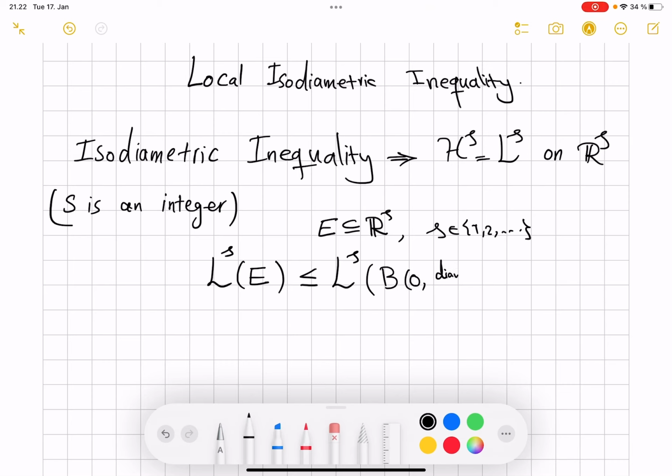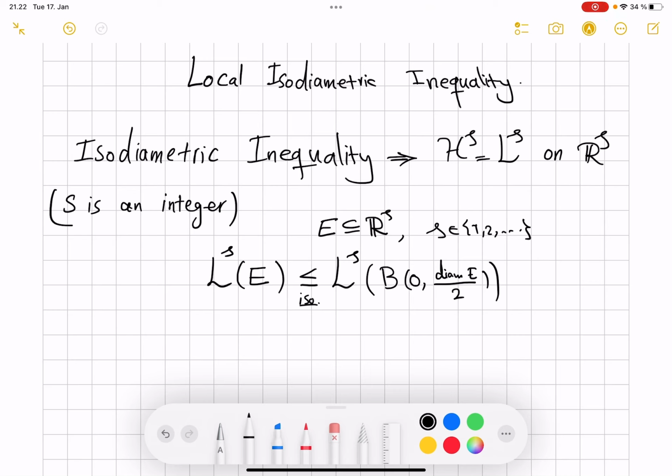So its radius will be the diameter of E divided by 2. This ball, or any translation of it, has the same diameter as that of E, but its measure will be more. That is called the isodiametric inequality.